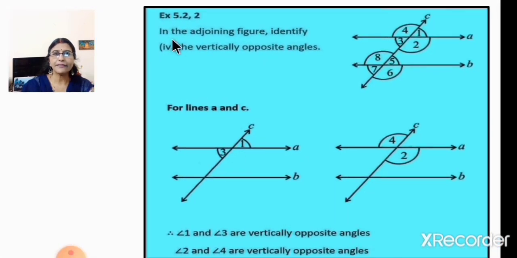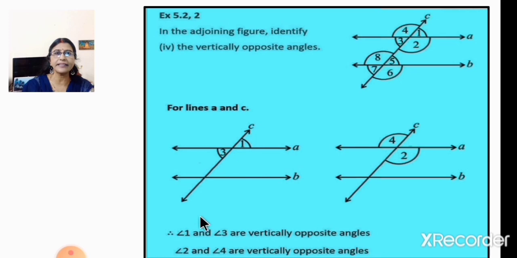Now next part, fourth part, the vertically opposite angles. So here you can see the same figure is given. You have to just find out vertically opposite angles. You can easily tell that angle 1 and angle 3 are vertically opposite to each other. First we'll see A and C. Here these two are vertically opposite angles and these two are vertically opposite angles.